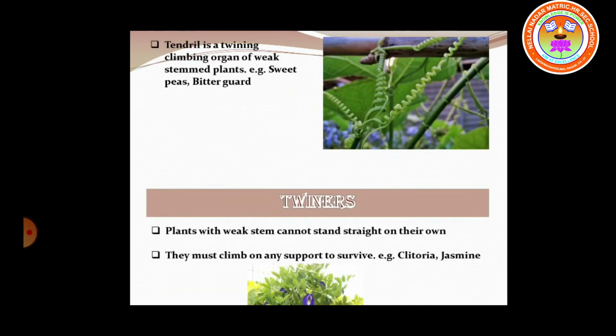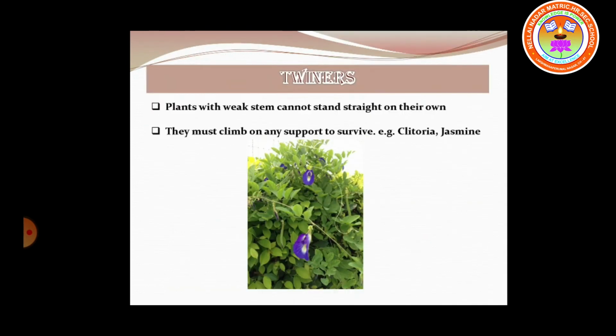Now, let us move on to the twiners. Plants with a weak stem cannot stand straight on their own. So how do they grow? They grow by climbing on a support. They need a support to survive.